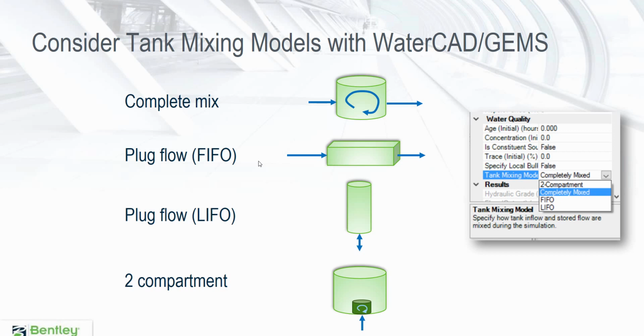So you've got quite a few different combinations here that you can pick from to model the tank that you have or the multiple tanks you have in the water distribution system you're trying to model. So in other words, don't ignore this going in and just assuming it's completely mixed. Might not be the case for you, and it would prevent you from being able to more reliably predict what's going on.